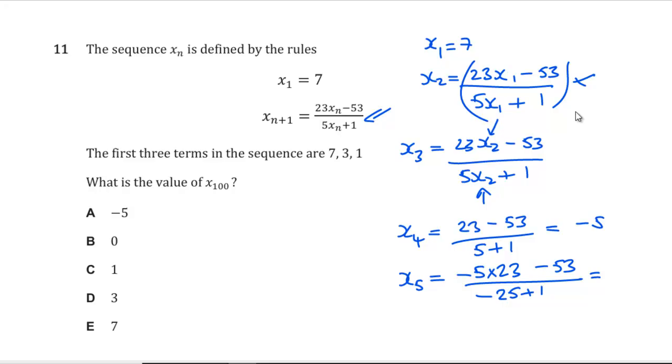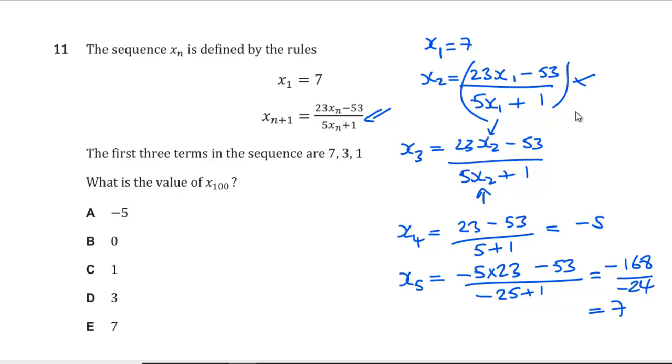So that is minus 115, minus 53, so minus 168 over minus 24. So that's what, 7?